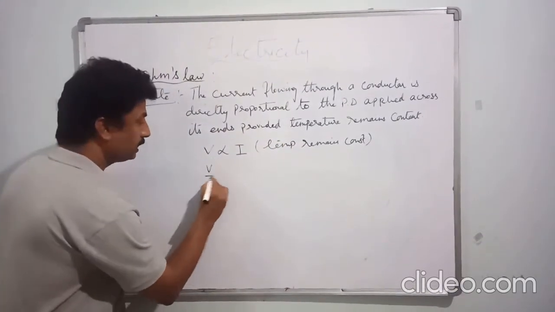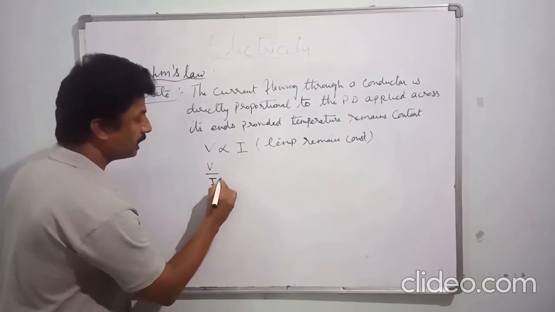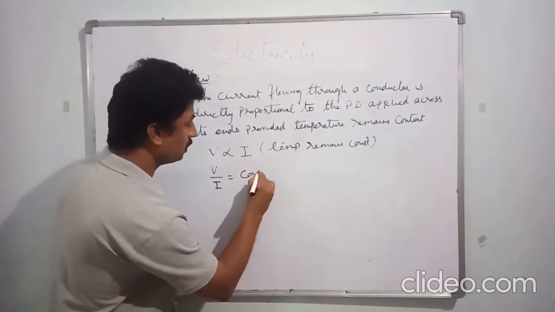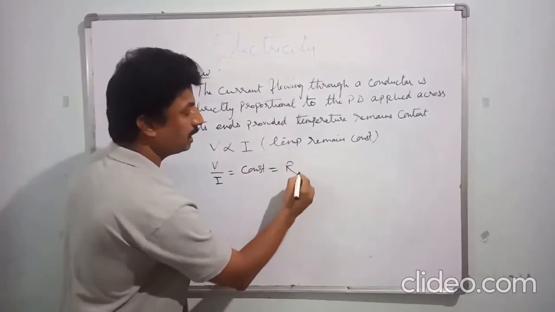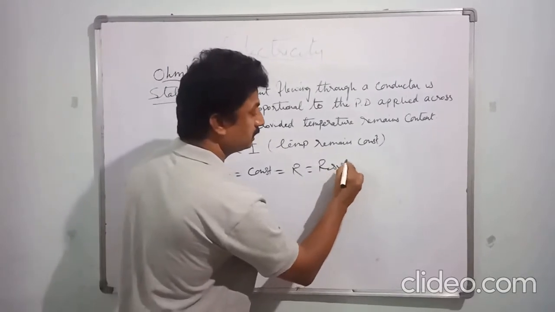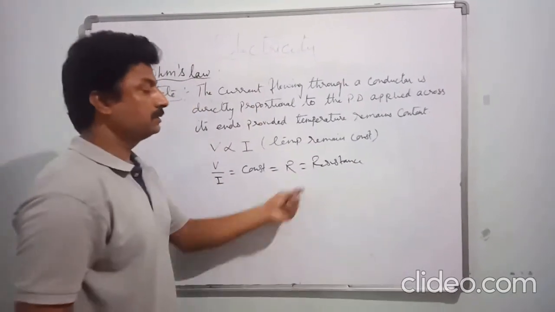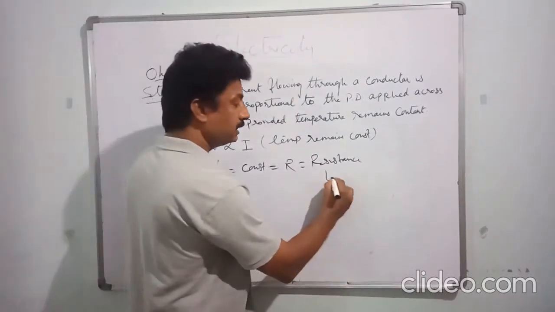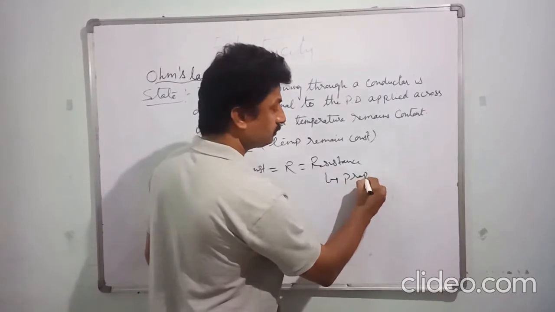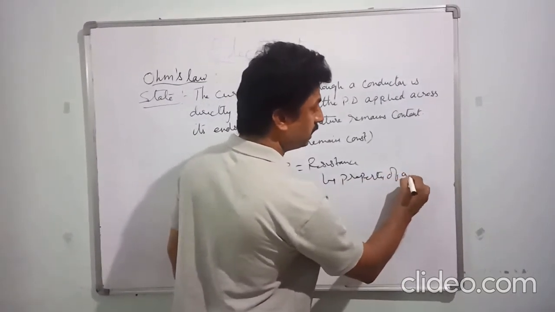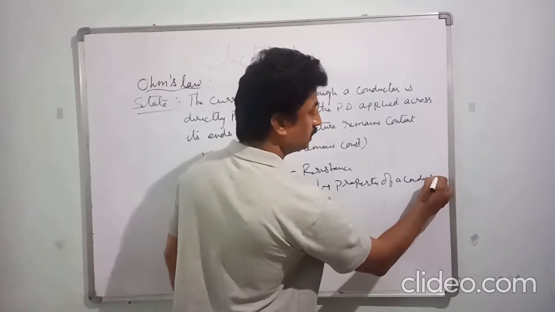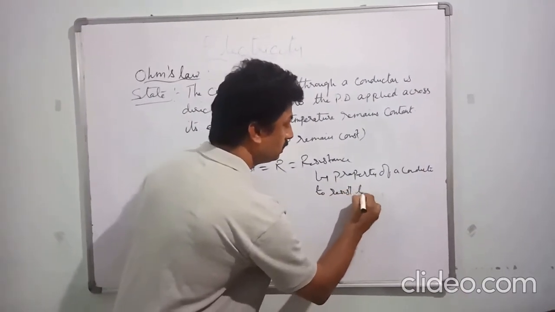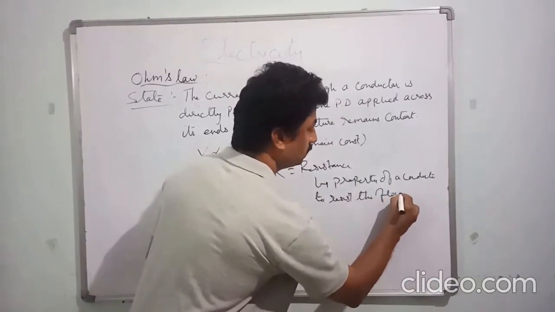So V by I is nothing else but constant. This constant is nothing else but R, and this R is resistance. Resistance is the property of any conductor to resist the flow of charge.